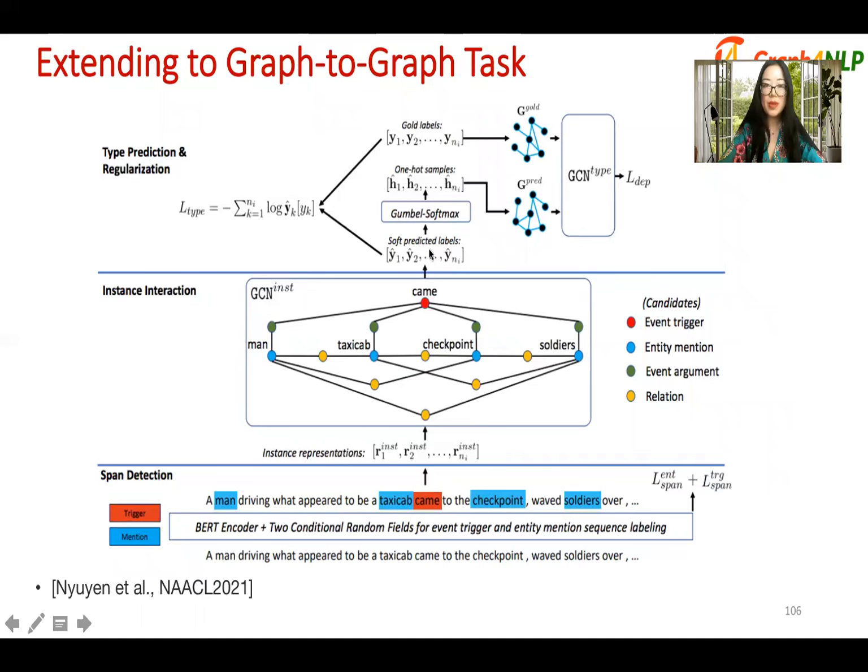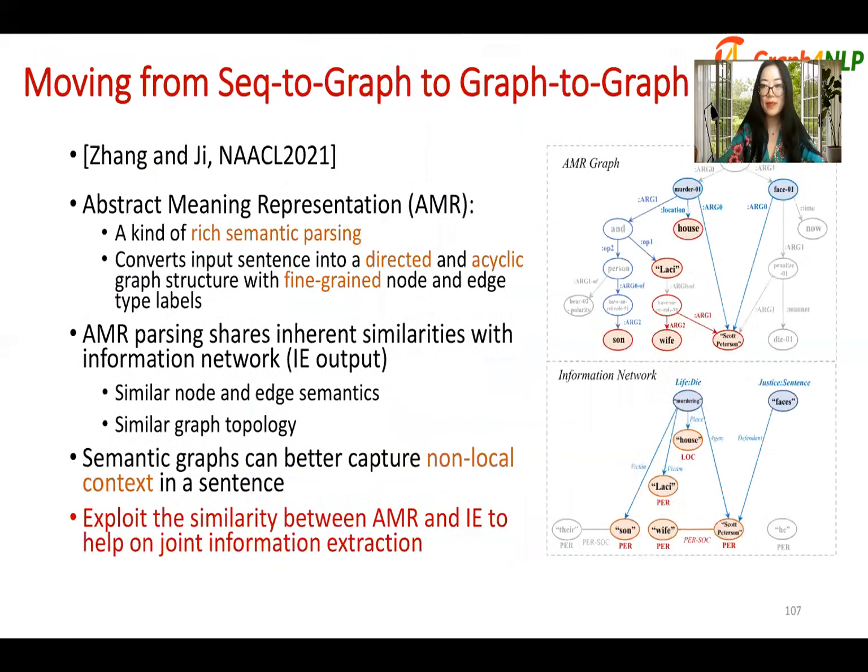So this is one paper from NAACL this year, just a few weeks ago. They tried to capture the interdependency among instances. For example, all of these entities are involved in this event called a cane, and then they encode this graph based on dependency parsing, and then the problem of IE just becomes decoding another information graph from this dependency graph.